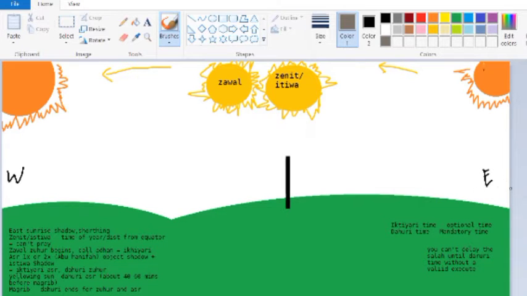As we know, the sun rises in the east and the shadow will be long and then get shorter as the sun moves toward the zenith. So the shadow will be shorter than before.